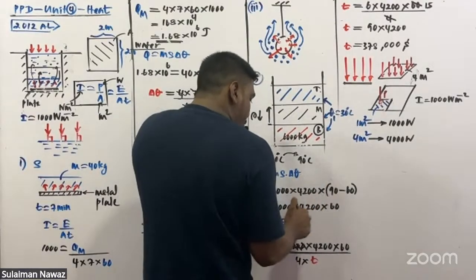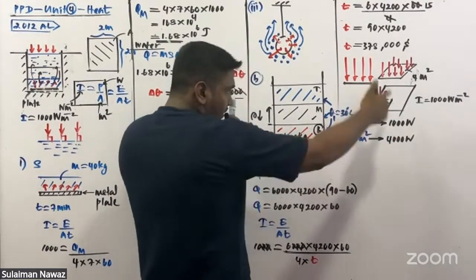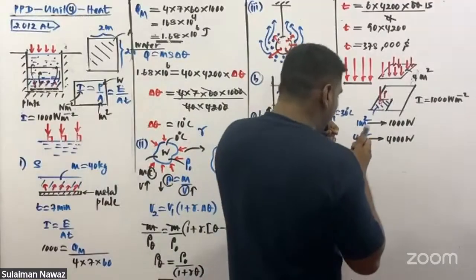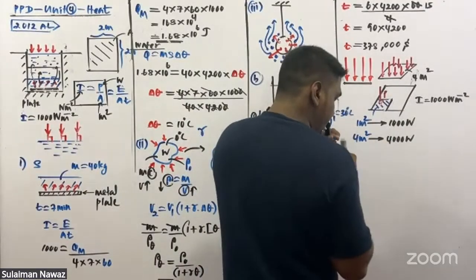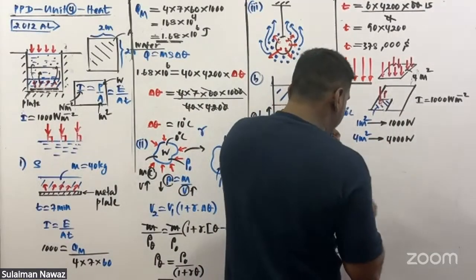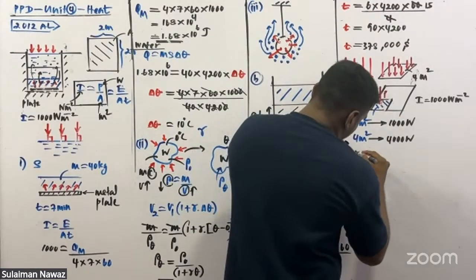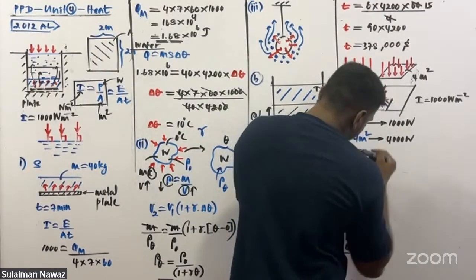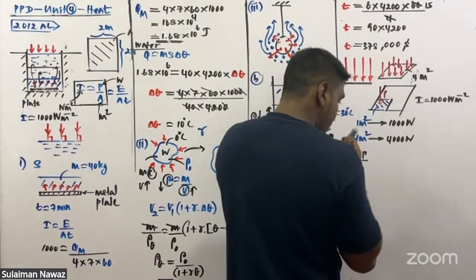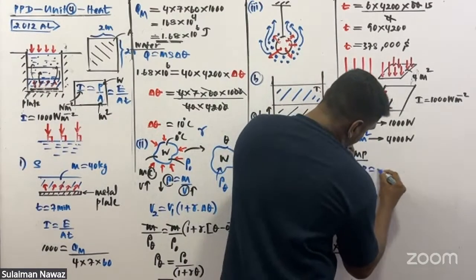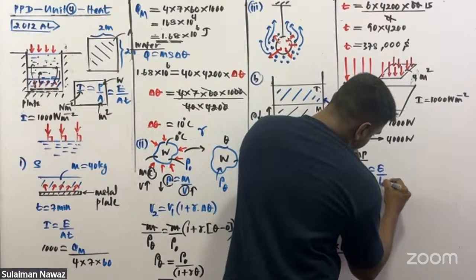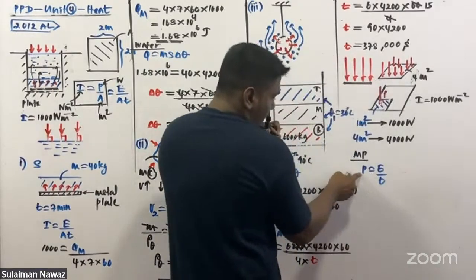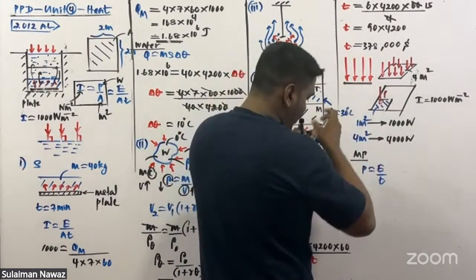This much heat is going to be given by the metal plate. Now for the metal plate, what can you do? You can apply power equals energy over time. Solar power on the metal plate is 4000 watts.